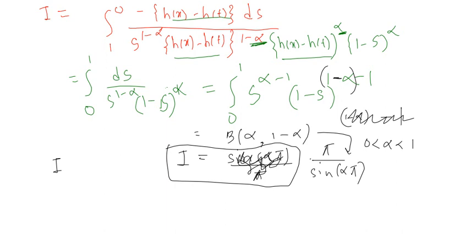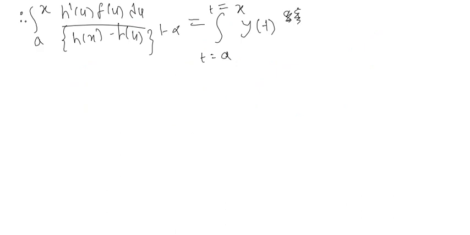So what happens to this angle in the region 0 to pi? Okay, so that will ensure that this quantity is well defined always in this particular region.